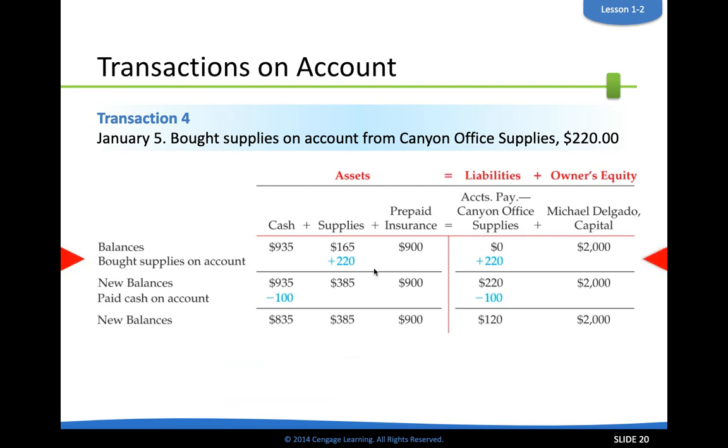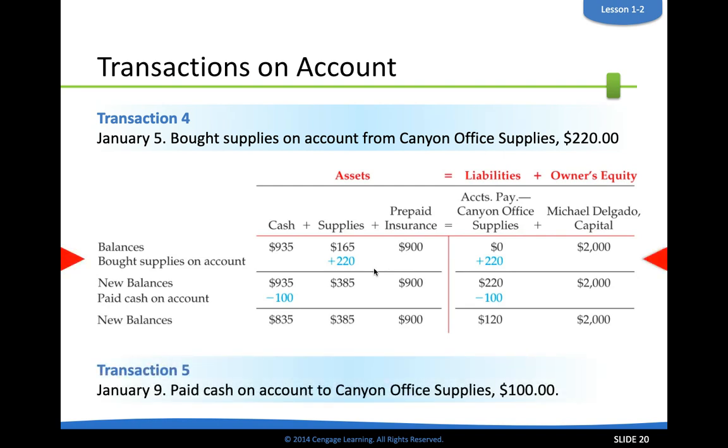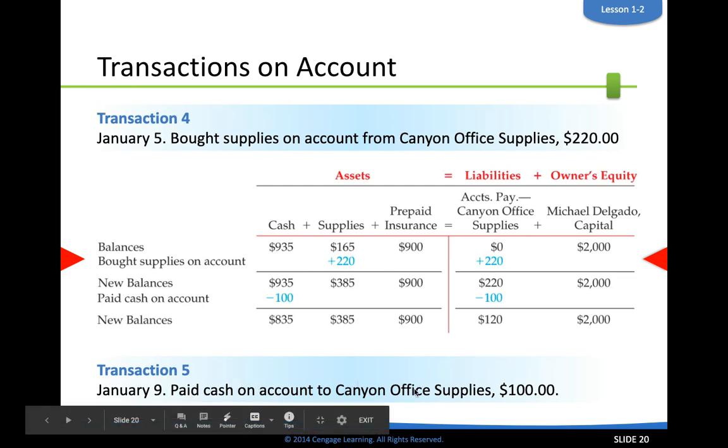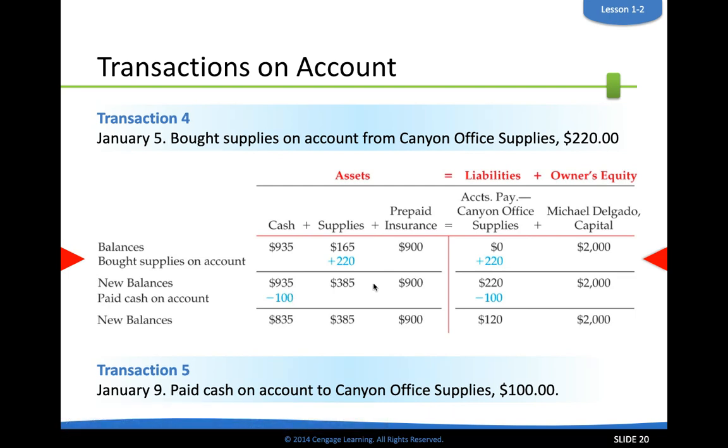Next transaction, Canyon Office Supplies says you have to pay $100 of your $220 balance right now. You can pay us the rest later, but we want $100 right now. So Delgado Web Services pays cash on account to Canyon Office Supplies in the amount of $100, which means they paid cash. Paid cash always decreases the cash account, and it's going to decrease the liability because they're paying off $100 of this $220 debt.